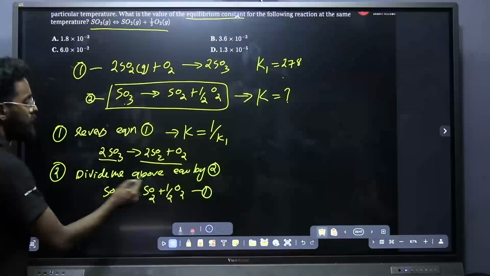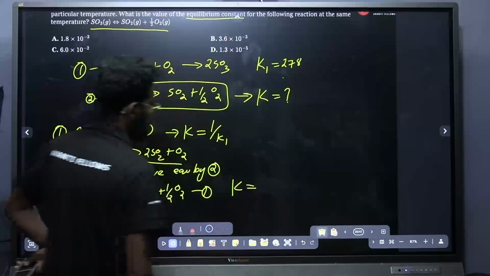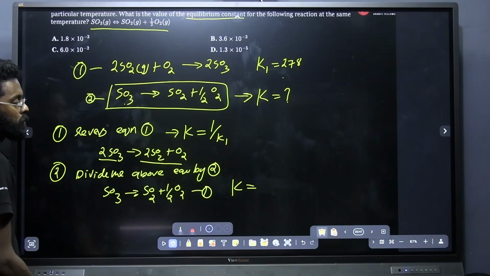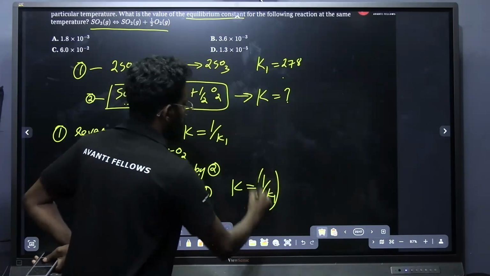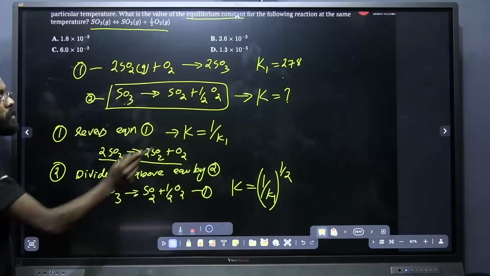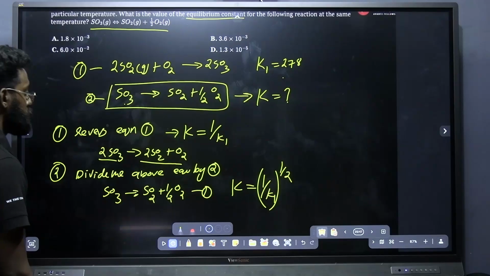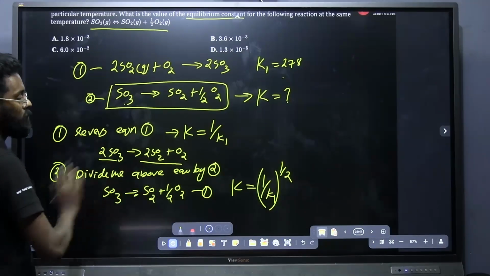Whenever I am dividing an equation, the new equilibrium constant K will be 1 by K1 whole to the power 1 by 2. Here I have multiplied it by 1 by 2.